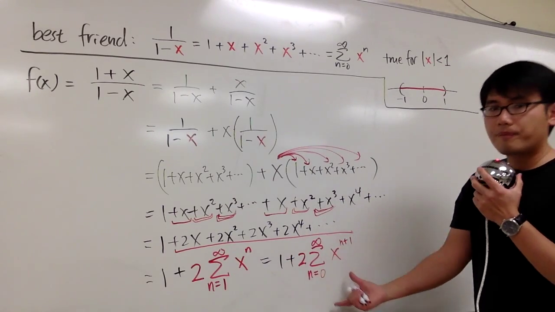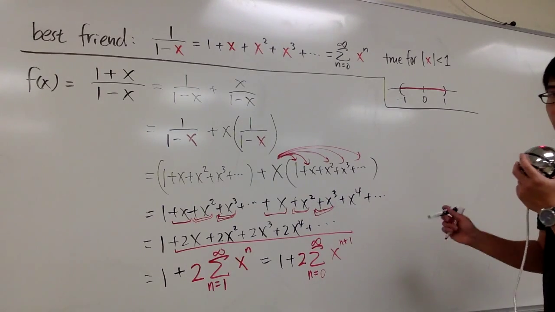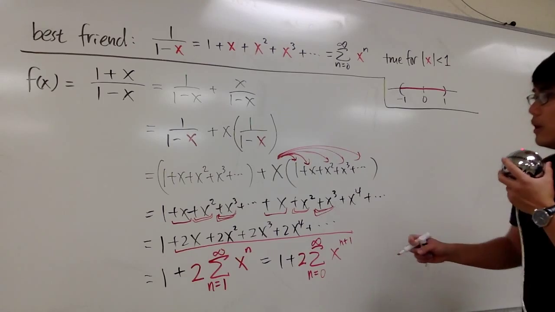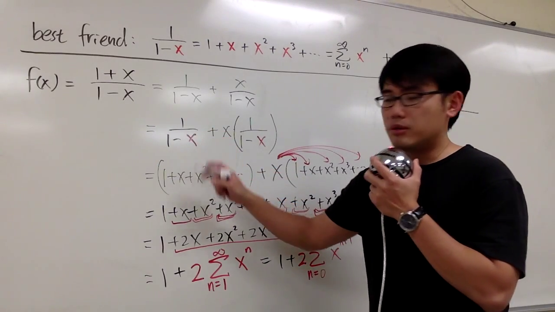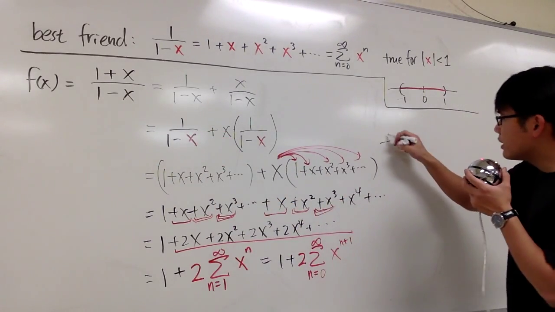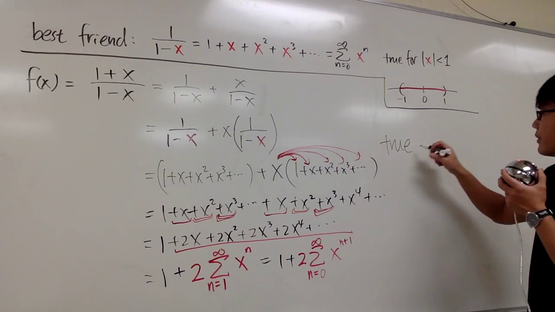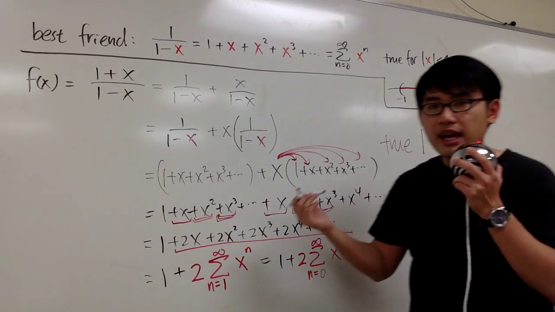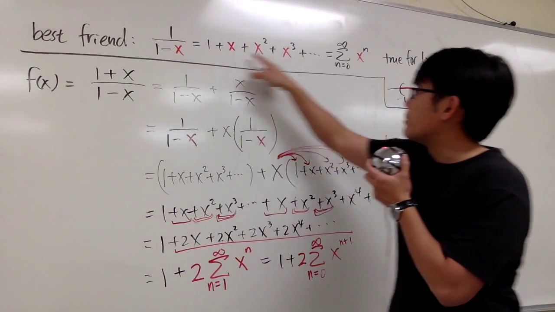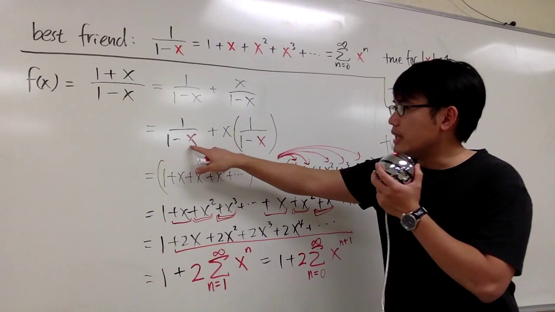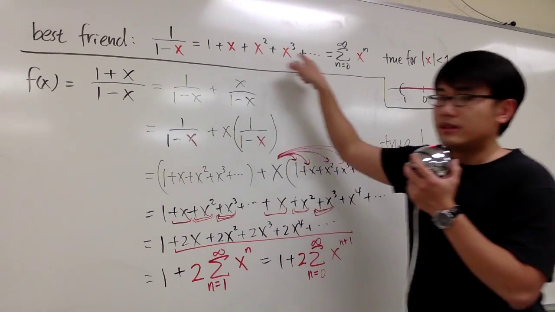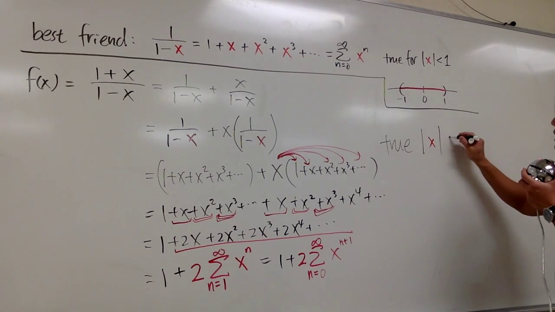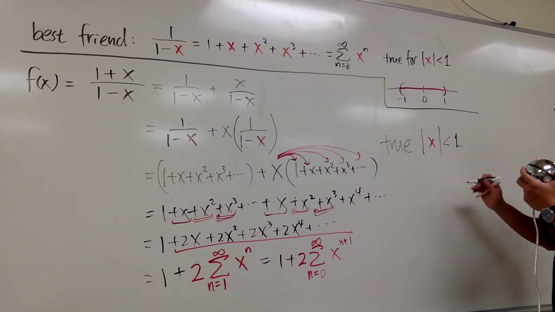So that's the form. All right, and now let's talk about the interval of convergence and also the radius of convergence. As we can see, we use our best friend right here. In order for us to use our best friend, we have to include that it's true only when we have the absolute value of x less than 1. The reason I say x is because this is exactly our best friend, so I'm just plugging x into all this. So it's true when the absolute value of x is less than 1, and that's pretty much it.